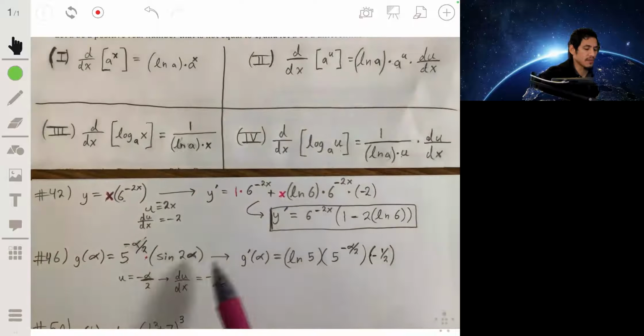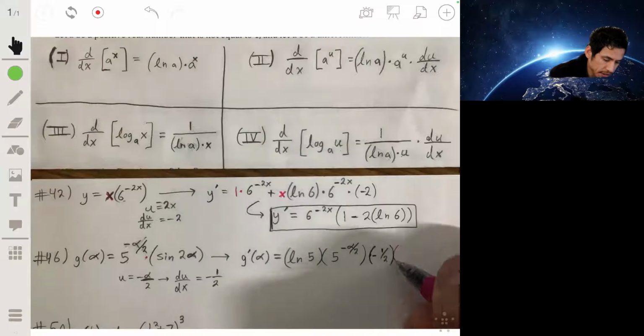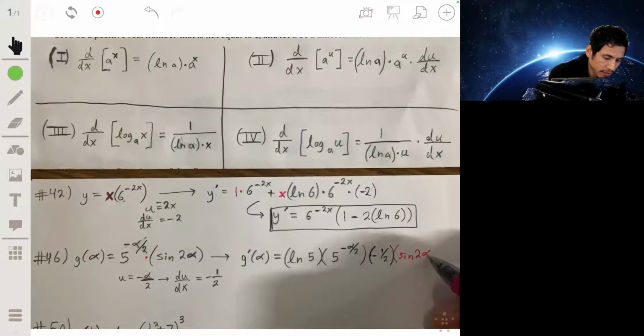And let's not forget the sine of 2 alpha. That just holds as a constant due to the product rule.